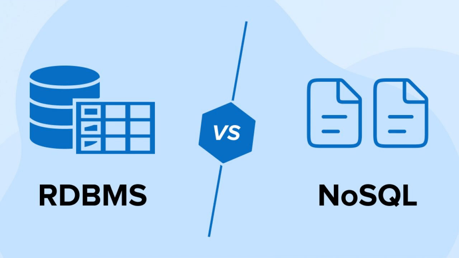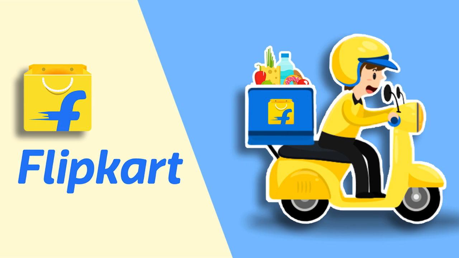Now I'm taking a very simple example so that you can understand very easily. Let's take the example of Flipkart. Whenever you go and search for a product, for example shoes, or even by default when you open the website or app, you see different products on the home page.